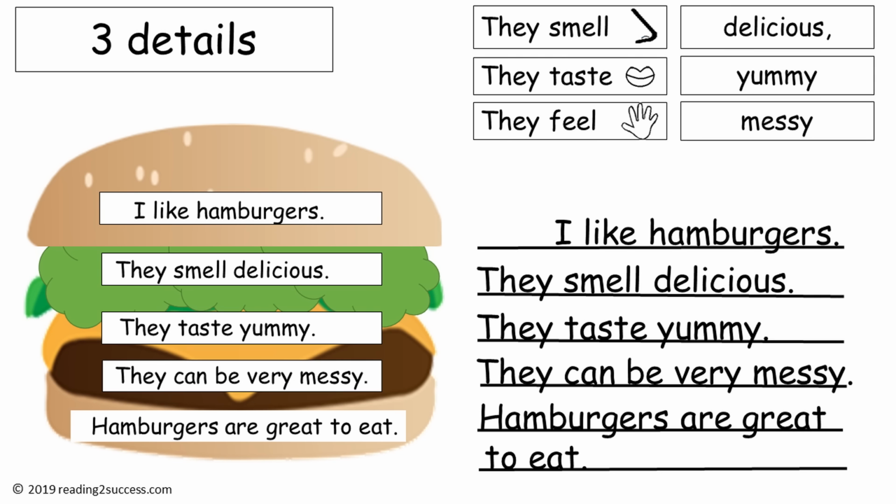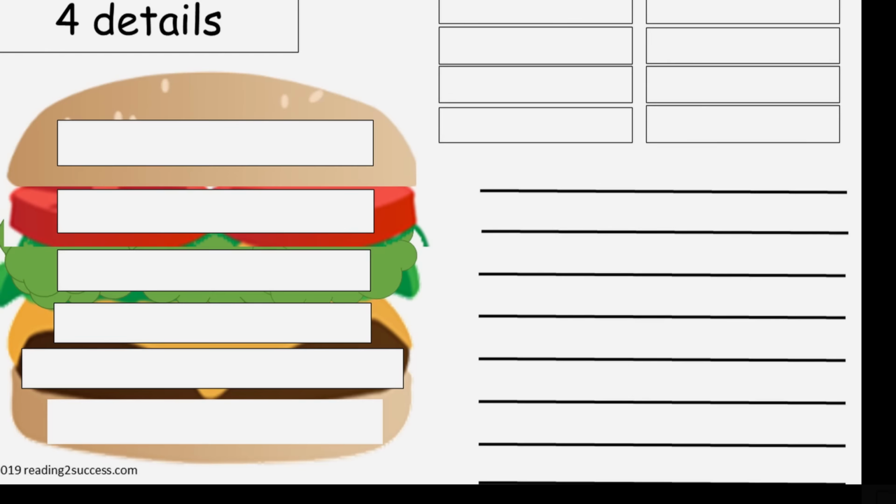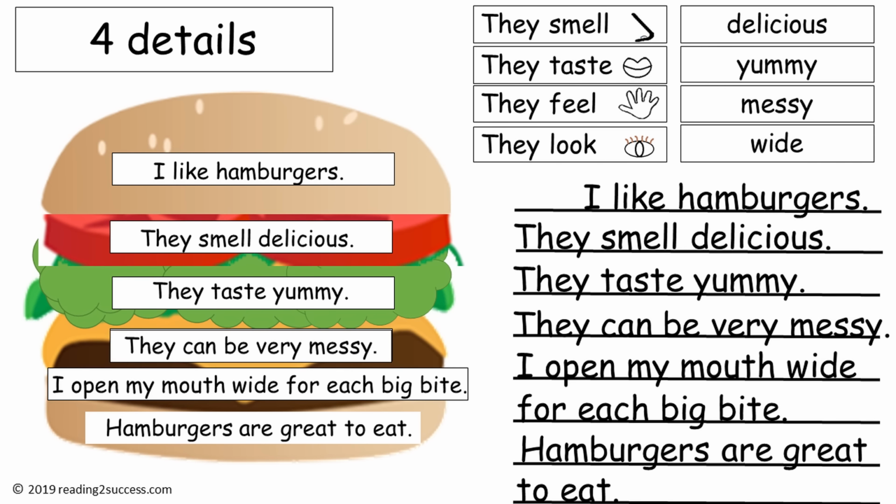So follow the same procedures the way we did the first detail and the second detail, and have kids complete this activity. This is a template for kids to use for the 4th detail. And this is a completed example of the 4th detail. We chose the one that is they look wide. So I open my mouth wide for each big bite.